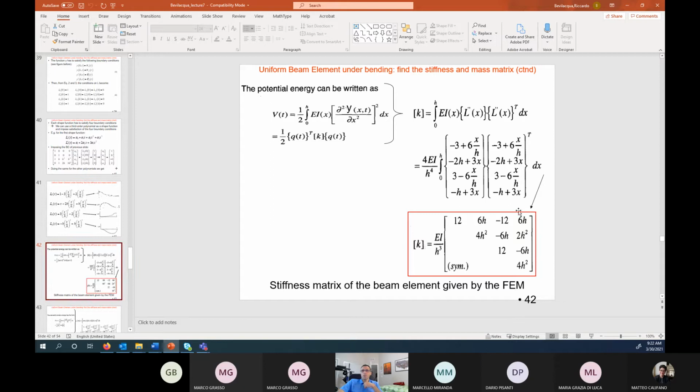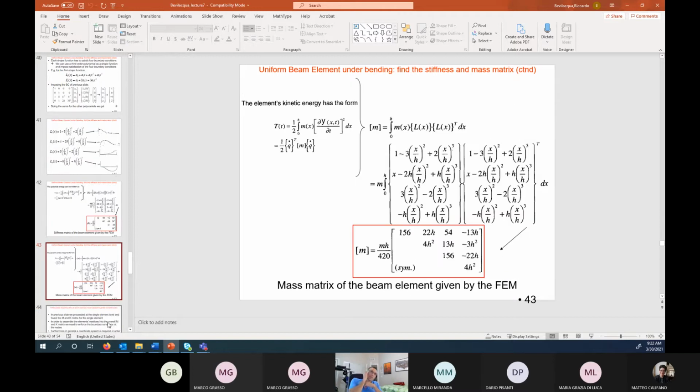It depends, as you can see, mostly on the length of the beam, h, and the Young modulus and its moment of inertia about the z-axis. A similar type of approach would be followed with the kinetic energy. I know that in the continuum it is 1/2 the integral between 0 and m of the mass, which is a function of x, and the partial of the y function with respect to time squared.